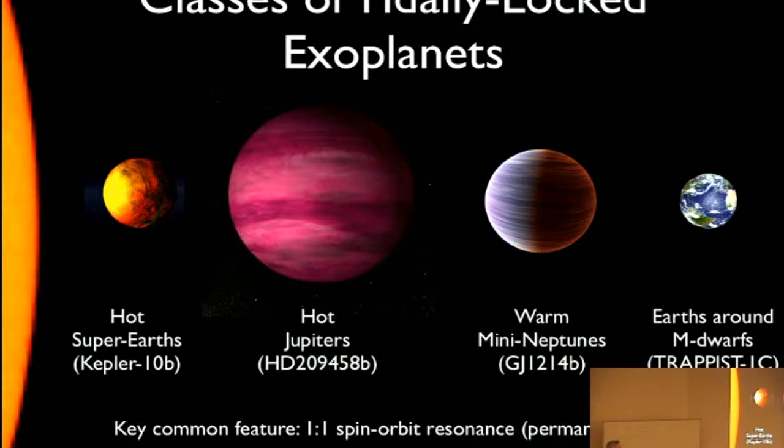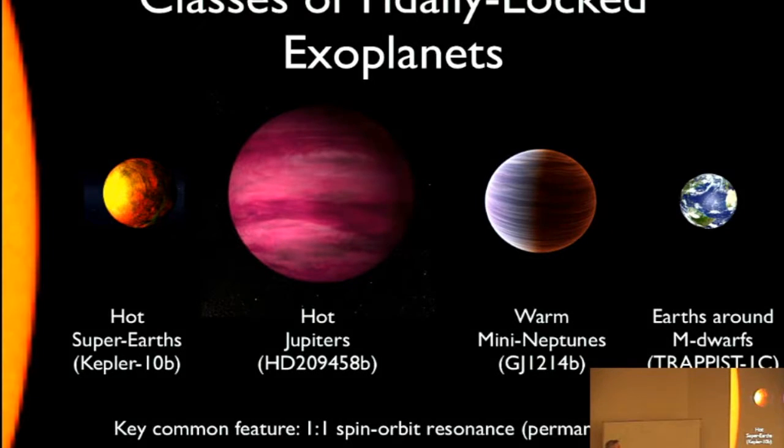Warm mini-Neptunes, an archetype of that class is GJ 1214b. And then Earth-like planets around M dwarfs. A typical planet of interest that has been recently discovered is TRAPPIST-1c. That's a planet about the size of the Earth that receives about the same flux as the Earth. So it's pretty interesting.